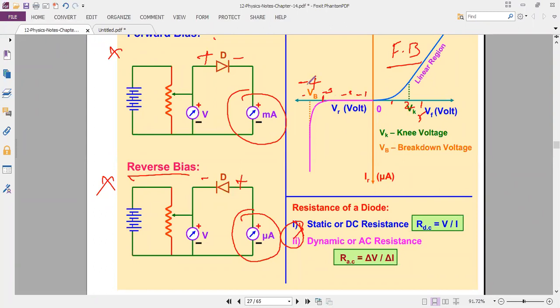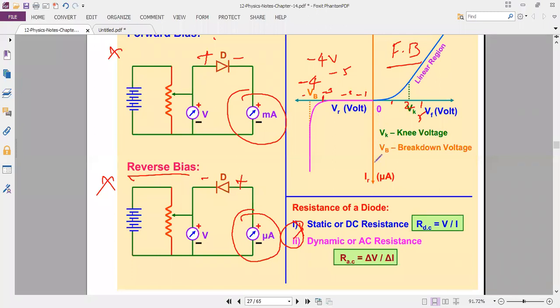But at -4, the voltage is -4, then suddenly the current value increases. That is also constant. At -4, that's all. Afterwards I keep increasing, -5, but there are no changes. Only at -4. That is called the breakdown voltage.